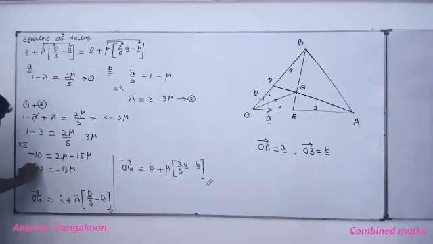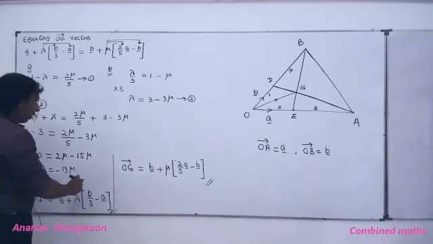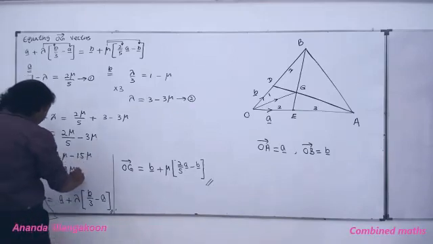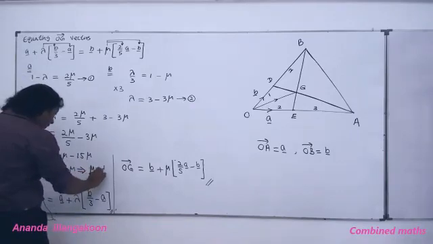Left hand side it's minus 10. Then the minus signs you can cancel from both sides, divided by 13. Then mu will be equal to 10 by 13. Okay, that answer I write here. Mu equals 10 by 13.